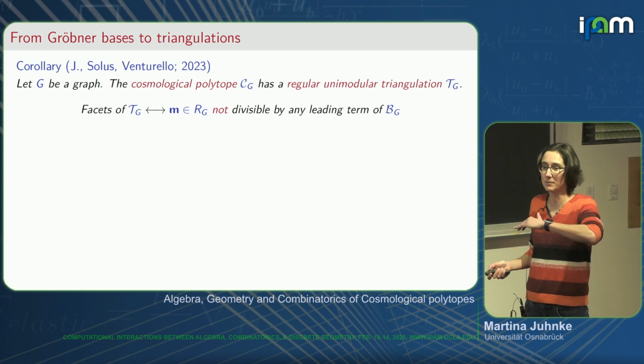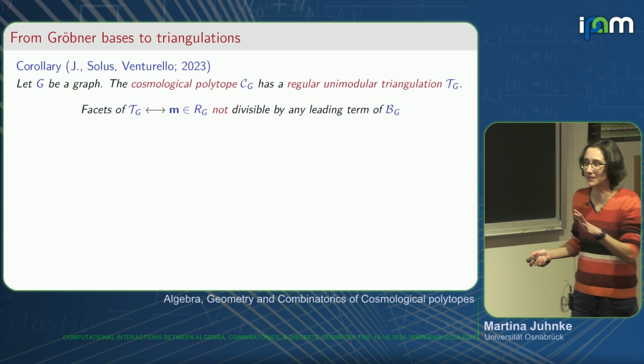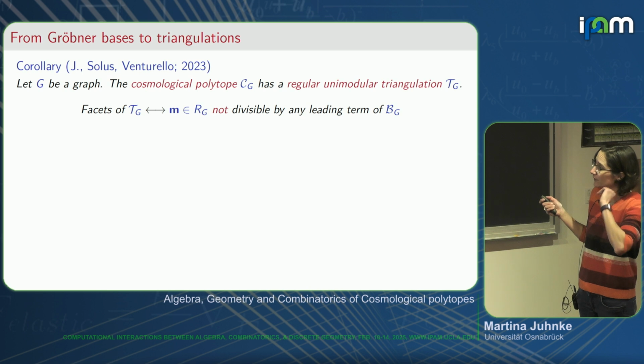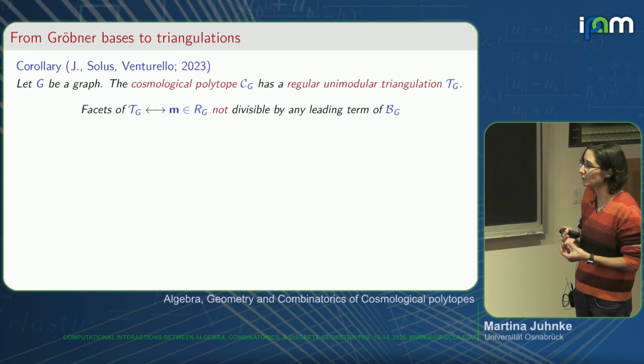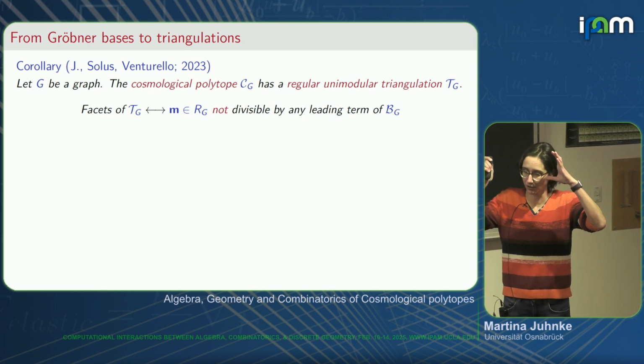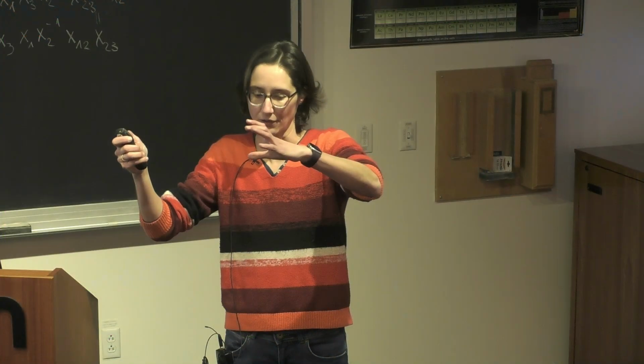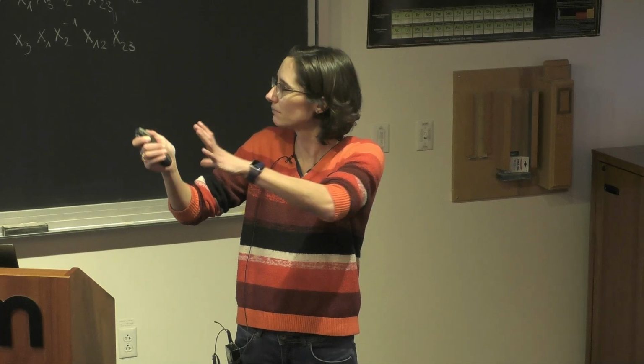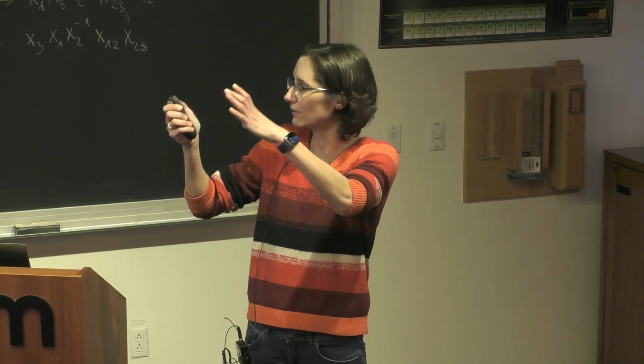And I have to give you a little bit of a black box, if you have never seen this. There's a beautiful result by Bernd Sturmfels, which basically shows that if you have a Gröbner basis of the toric ideal, or more precisely an initial ideal, then this corresponds to a regular triangulation of the polytope.